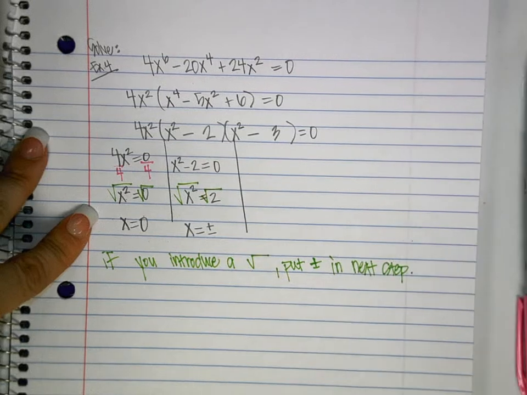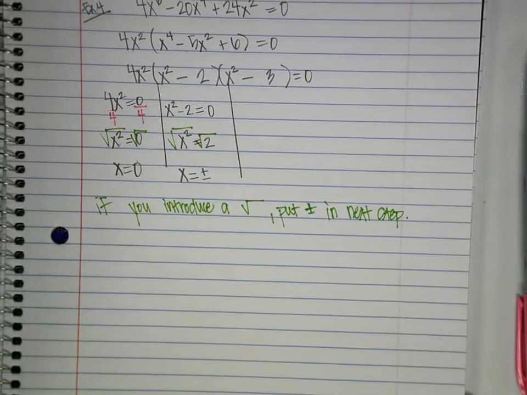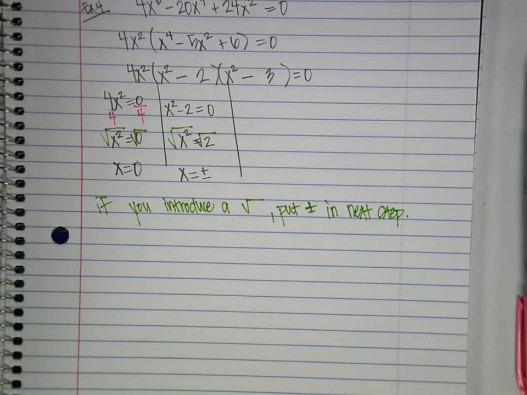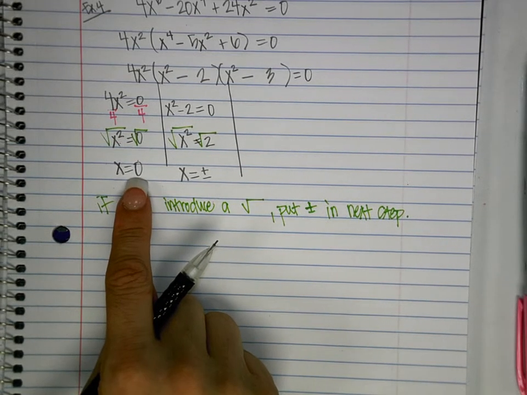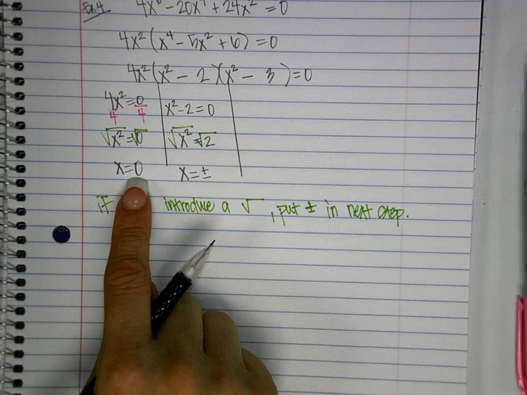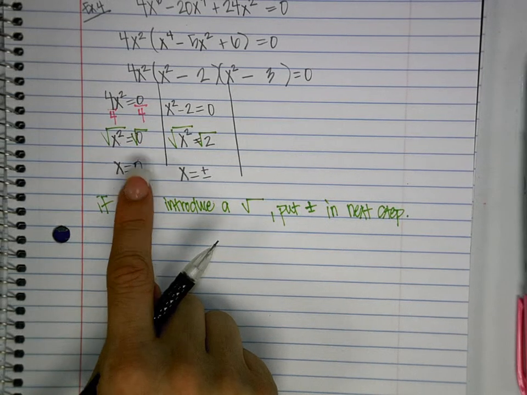If you introduce a square root, put plus or minus in the next step. You have to. Now, did I have to put plus or minus on the 0? No, because that doesn't make any sense. There is no such thing as plus or minus 0. So that's why I didn't have to do it here.